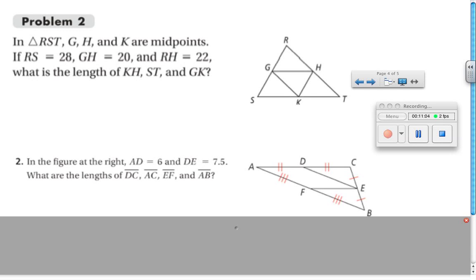They're giving me various lengths. They're asking me for various lengths. Myself personally, I would take every piece of information that they're giving me and label it in the diagram. So I know that GH is 20, RS is 28, and RH is 22.